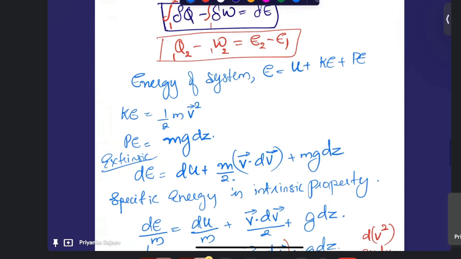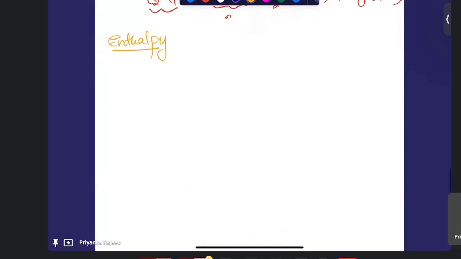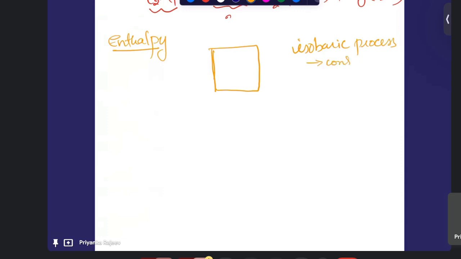I hope you are understanding the discussion till now. Okay. So consider a closed system undergoing an isobaric process. What is an isobaric process? It's a constant pressure process.